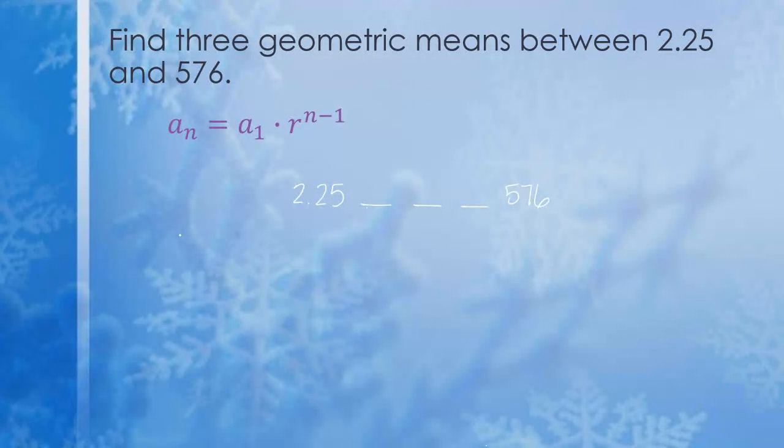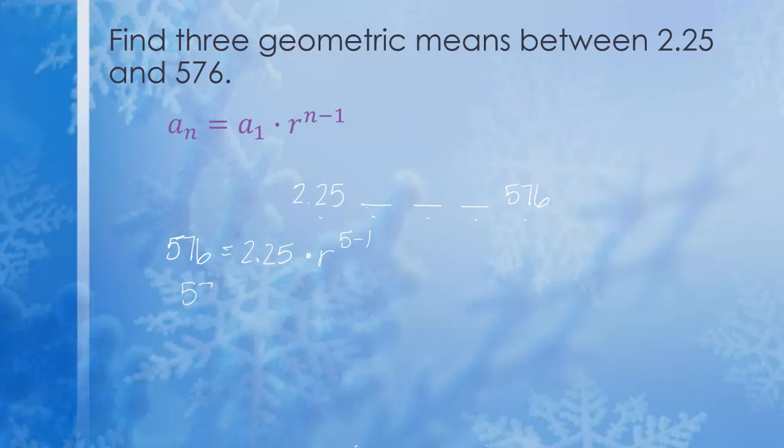So let's put what we know into the formula. 576 is AN, and that is the 1, 2, 3, 4, 5th term. My first term is 2.25. R, I don't know, but I know N is 5.